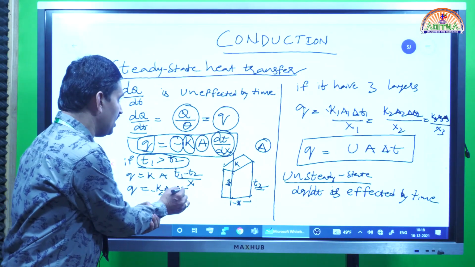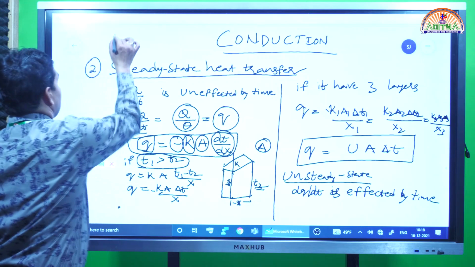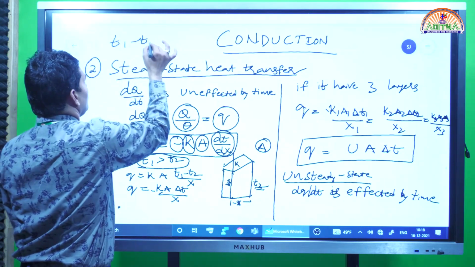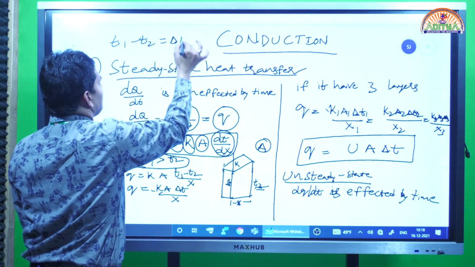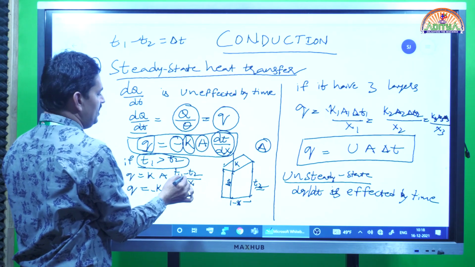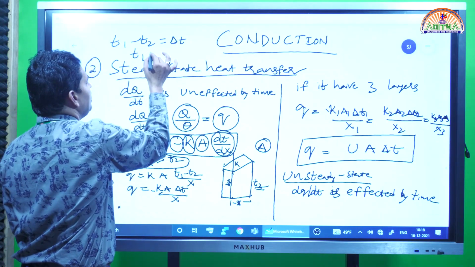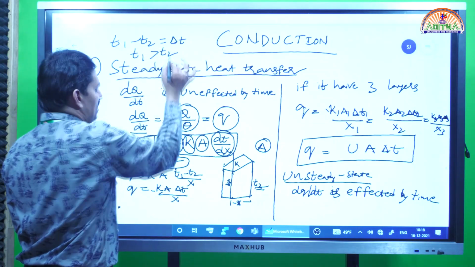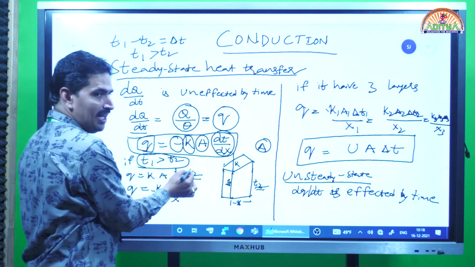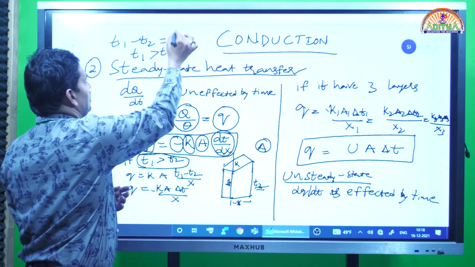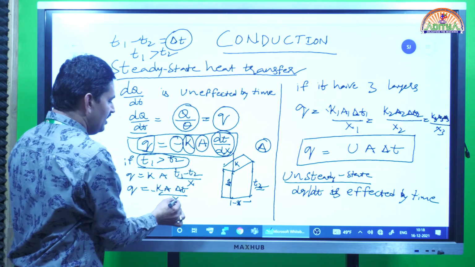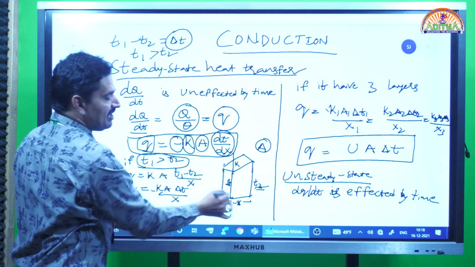We know that T1 minus T2 is equal to delta T, and X means thickness.